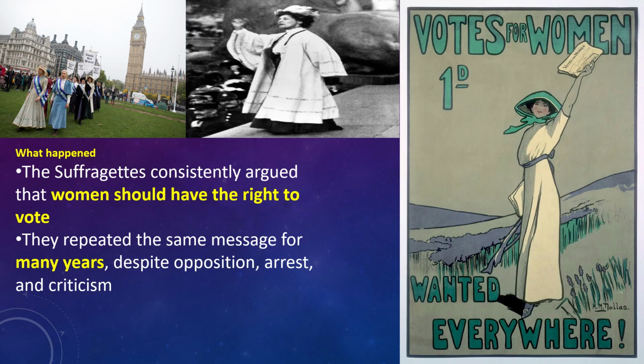They repeated the same message for many years, despite opposition, arrest and criticism. Even though they faced difficulties, they kept on with their propaganda, telling these things again and again.